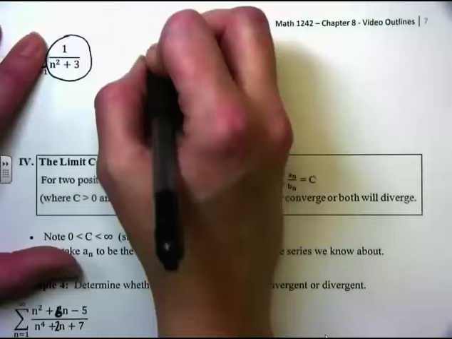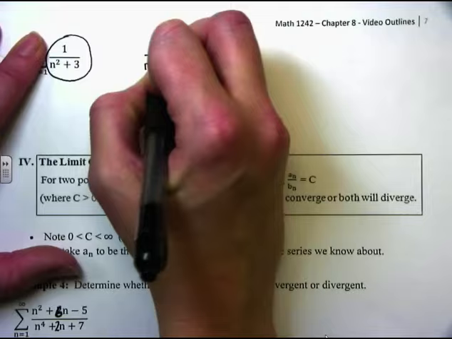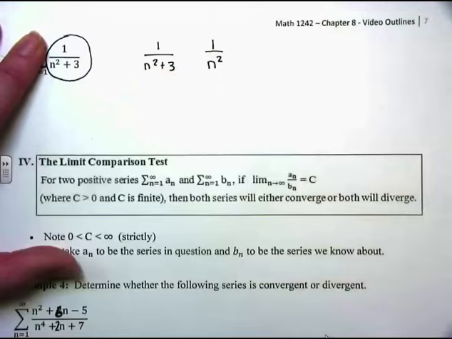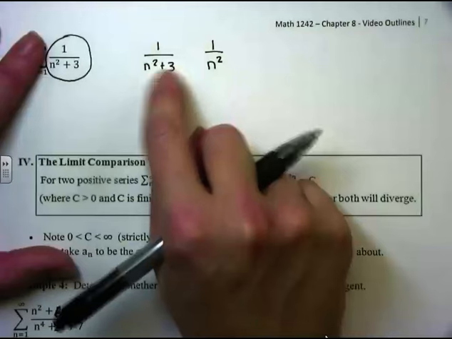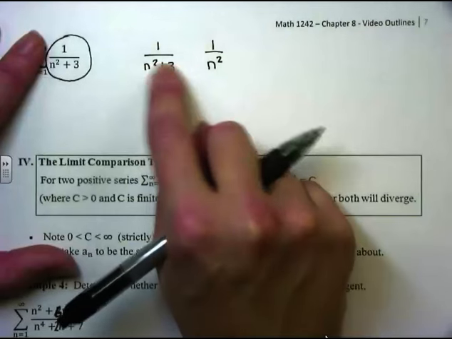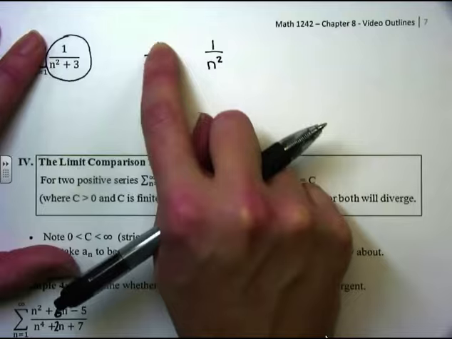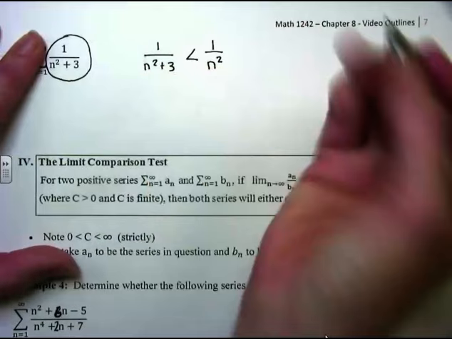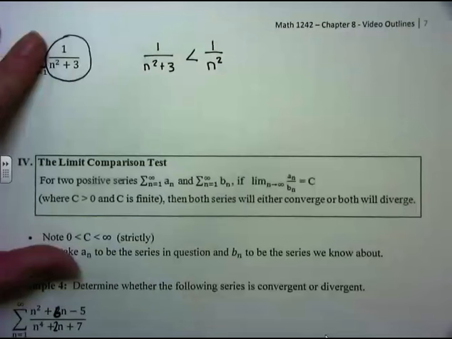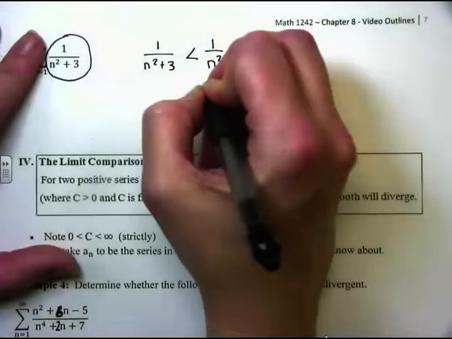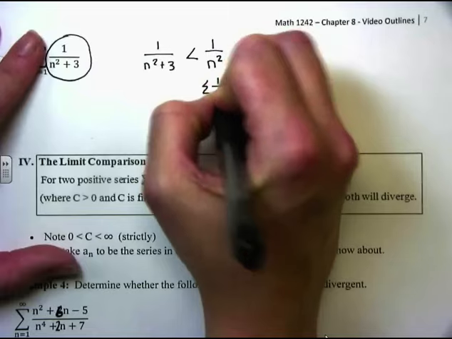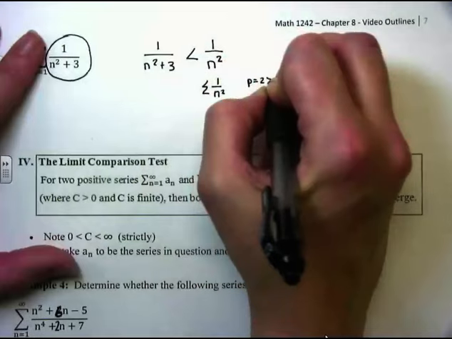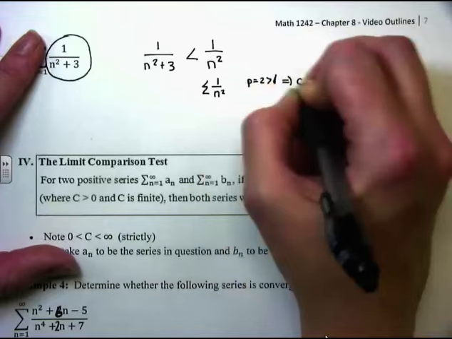So you may be guessing what I'm going to compare it to. I notice the sequence 1 over n squared plus 3 can be related to the sequence 1 over n squared. Now I've added 3 to the denominator, so if the denominator has become larger, the fraction as a whole is smaller. So I have a sequence that is smaller than 1 over n squared. I know that the series 1 over n squared is a p-series with a p of 2, which is greater than 1, so that series converges.